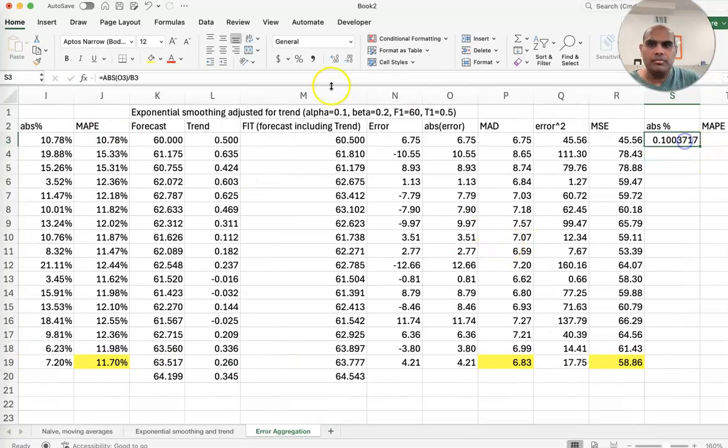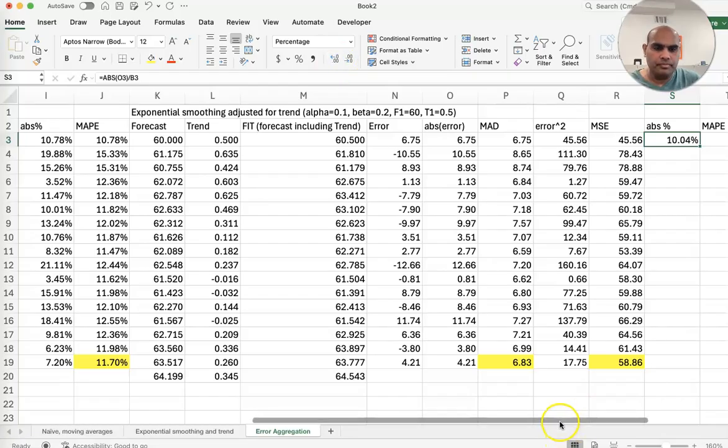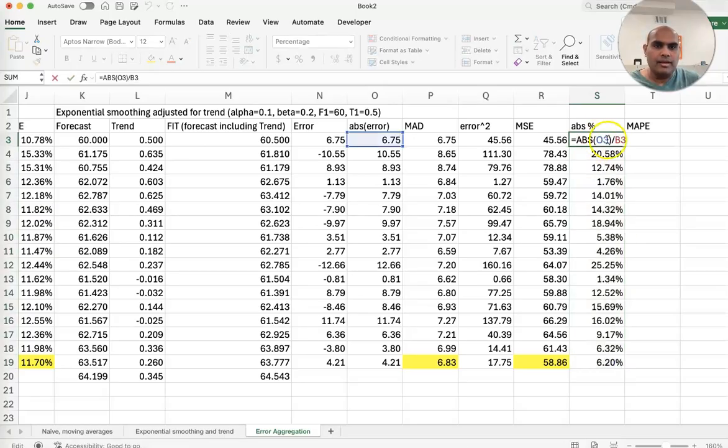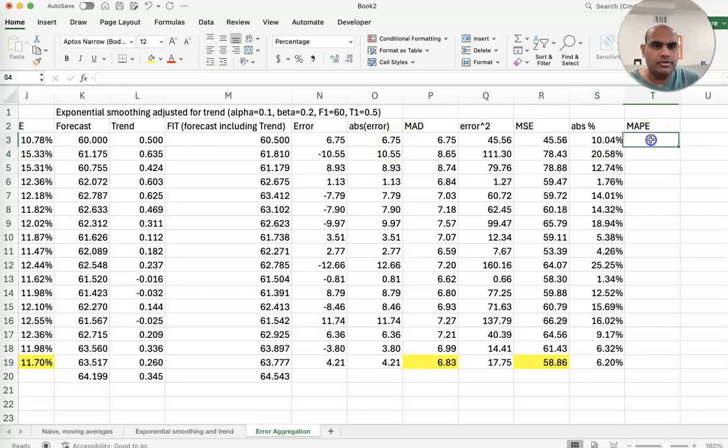Okay. So again, I'm going to represent that as a percentage, 2 decimals. I'm going to copy this all the way down, right? So again, it's the absolute value of error divided by the actual demand value, right? So you're saying in the first period, you had an error of 6.75, which was 10% of the actual demand, right? So that's what you're saying.